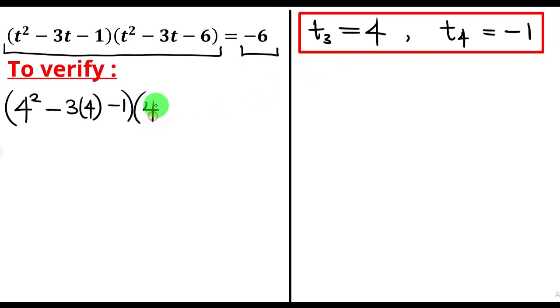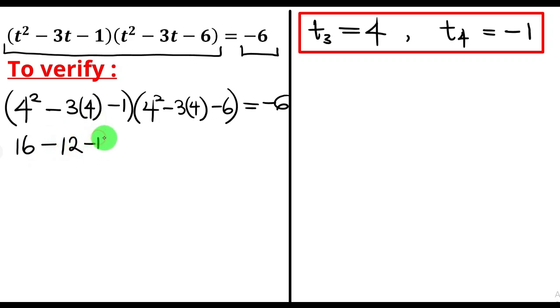I have 4 squared minus 3 into 4, then minus 6. So I want to check if this is going to be equal to minus 6. Of course, this is going to be 16, then minus 3 multiplied by 4, that's going to be minus 12, then minus 1 inside its own parentheses, and the same thing here, 4 squared, that's going to be 16, minus 12 here, and minus 6, still confirming if this is going to be equal to minus 6 or not.